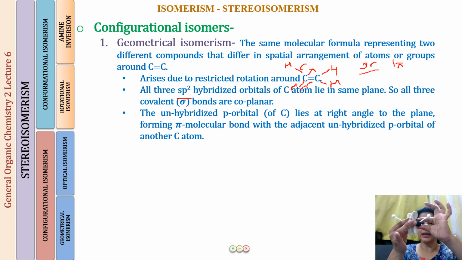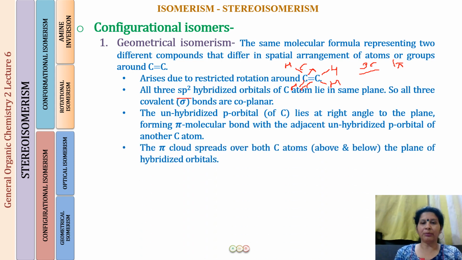You can see, now these are at 90 degrees to the plane of the bonds. Now these two unhybridized orbitals, what are they going to do? They are going to form a pi electron cloud over both the carbon atoms, above the plane of the hybridized orbitals.